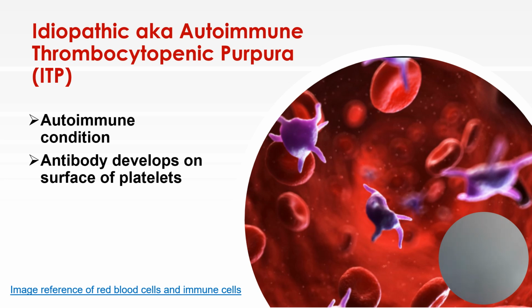And what's happening here is the client's immune system is now making antibodies that attack the client's platelets. They're producing platelets, but the antibodies are destroying the client's platelets almost faster than they can be produced. So this significantly disrupts the client's clotting ability.